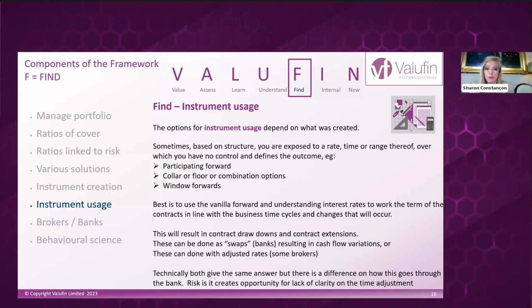So your derivative instruments, your participating forward, your options, for example, collar, floor, combination, various options, your window forwards, all of those have actually got a high degree of cost built into them. And they look simple, they look flexible, but they're extremely costly.